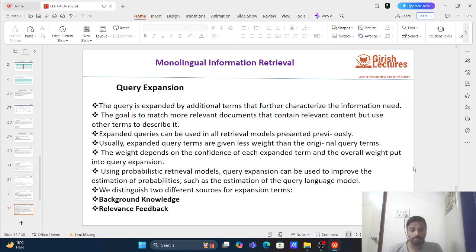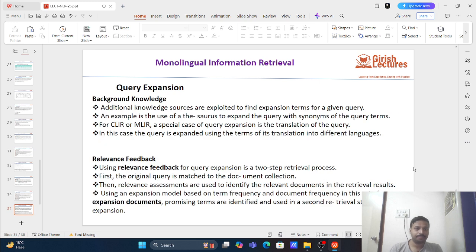We can also use probabilistic retrieval models, which improve the estimation of how good the probability of a term's existence is across a set of documents. All this happens with the help of background knowledge, and how relevant a term has been. So both of these help our query expansion.